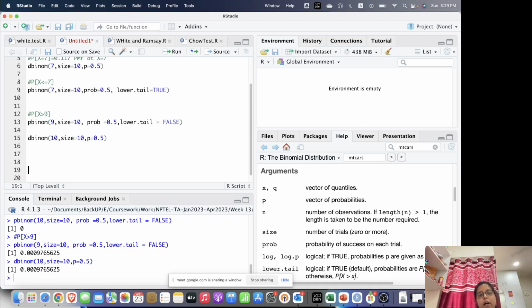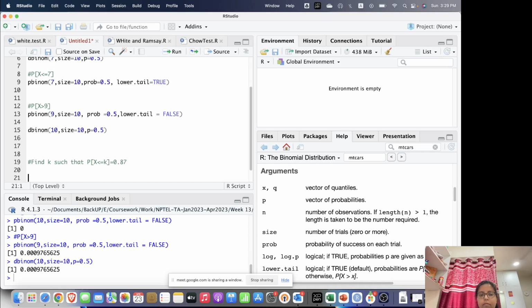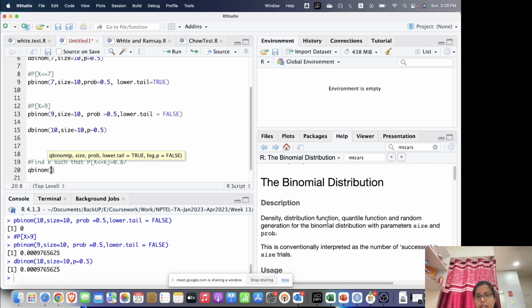Now if I have to find k such that probability x less than or equal to k is 0.87, then I have to use this quantile command. So qbinom, here we can see how we should use it.